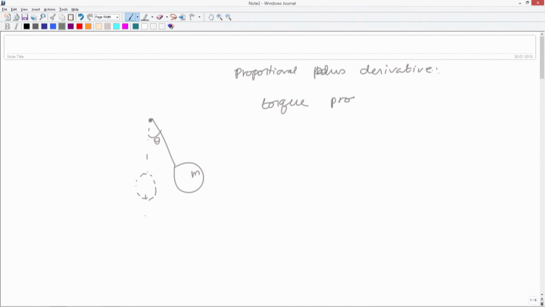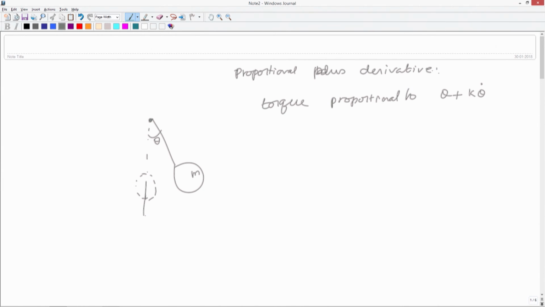But instead of a torque proportional to theta, now take theta plus some constant k times theta dot. Then we can show that this actually settles without overshooting.